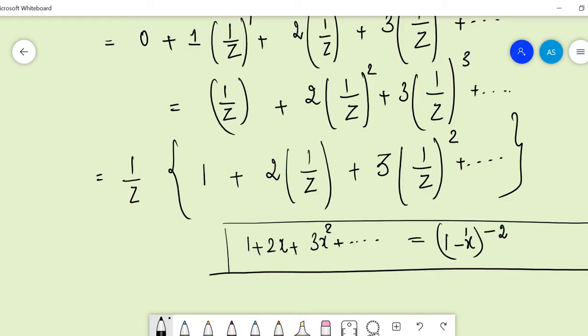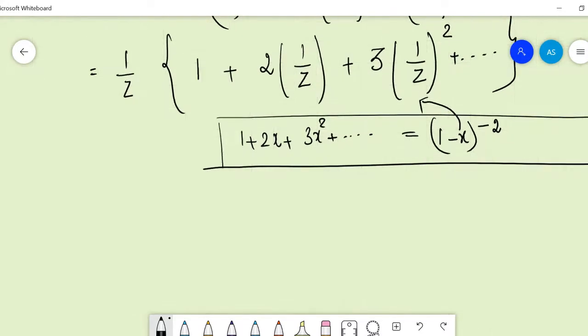So here the value of x is 1 divided by z. In this general term, I am going to substitute the value of x. 1 minus x value is 1 minus 1 divided by z, whole power minus 2.